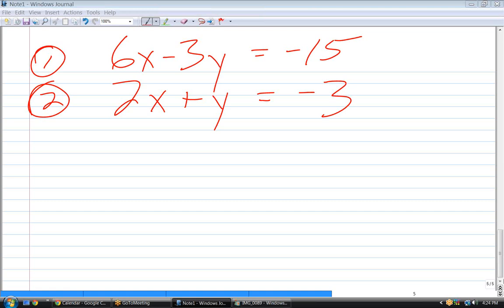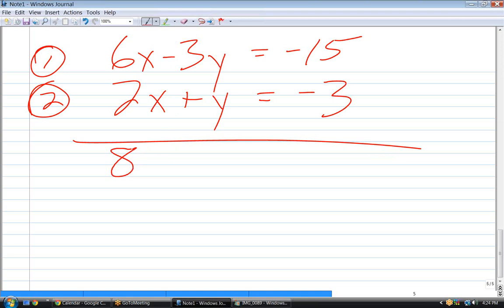What do you get if you add these two equations, Patrick? Just add them straight away.